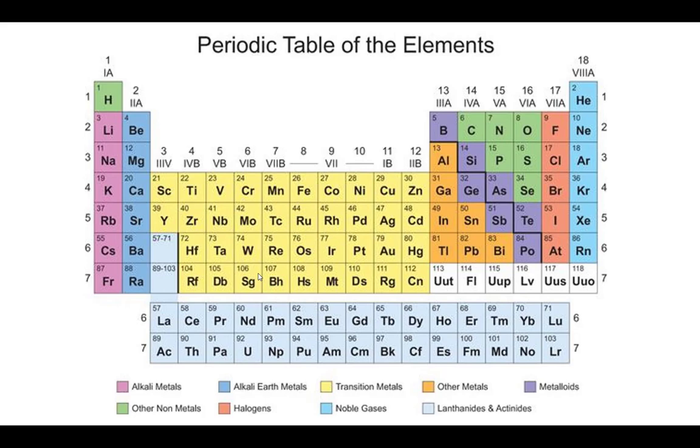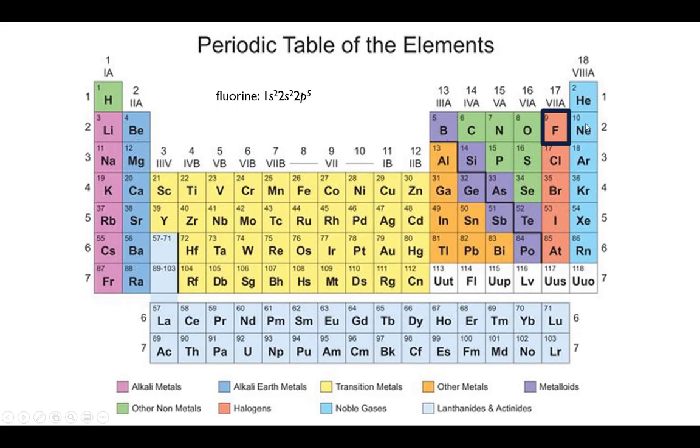Okay, so we're going to start with fluorine, which is right here on the periodic table. What we do is we fill in order the 1s, right? So 1s has 2 electrons. Then we fill the 2s, so 2s2.